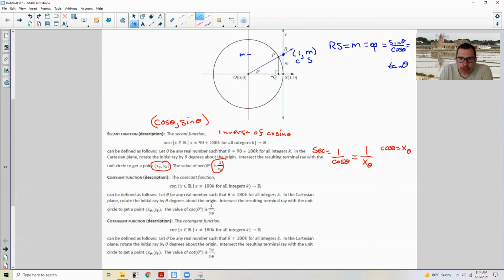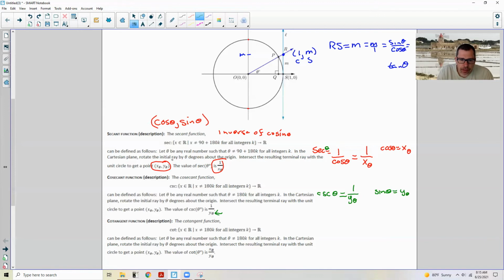So in other words, cosecant theta cannot be at the point (1, 0) or (-1, 0). The reason is that y cannot be 0 or undefined. Just like here, cosecant theta equals 1 over y sub theta, which is what we were given, and sine theta is y sub theta.